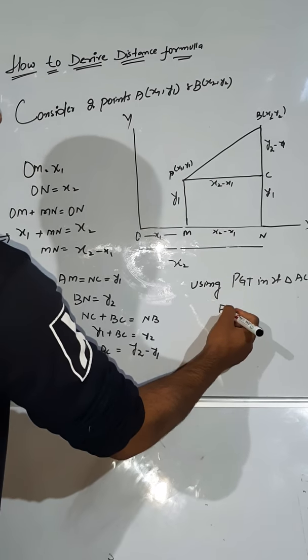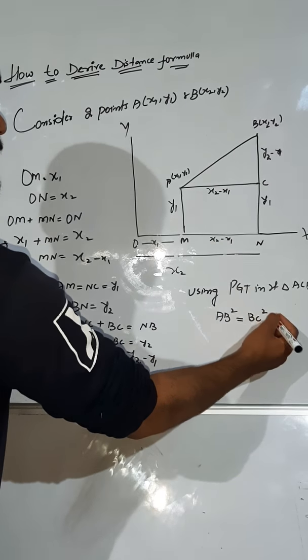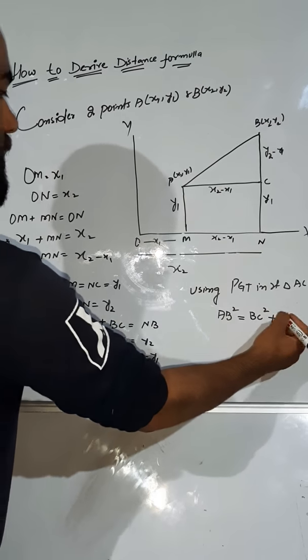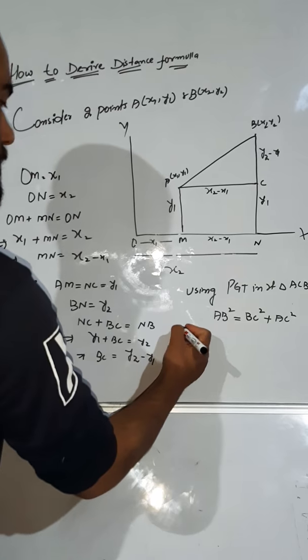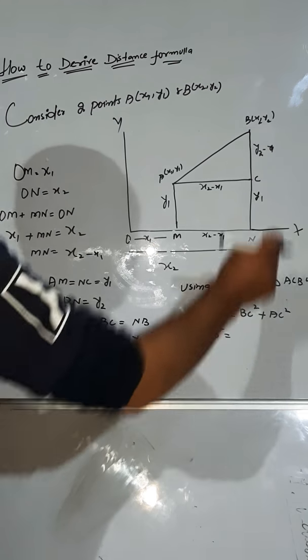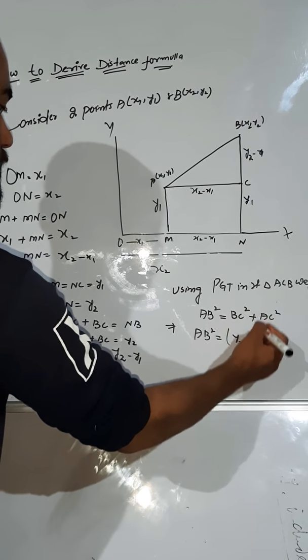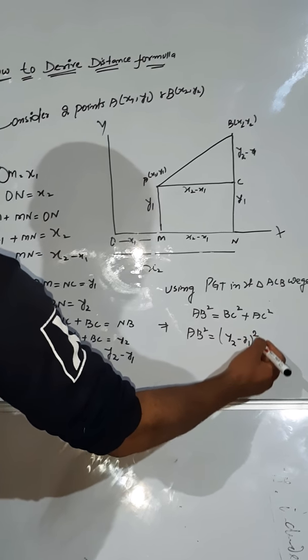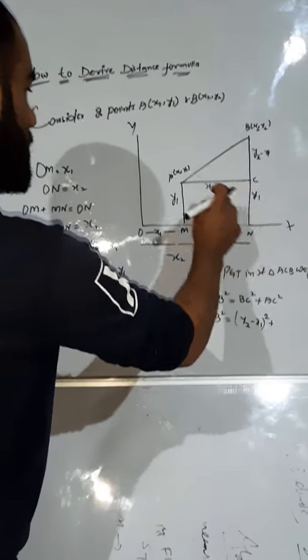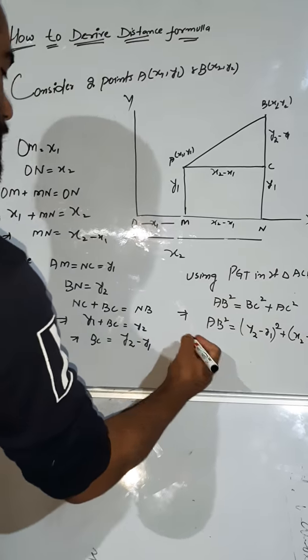AB square, hypotenuse square, is equal to perpendicular BC square plus base AC square. So AB square is equal to y2 minus y1 whole square plus x2 minus x1 whole square.